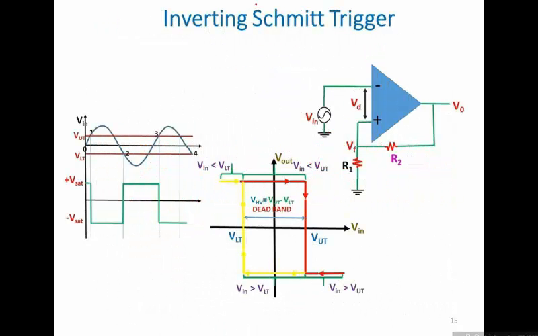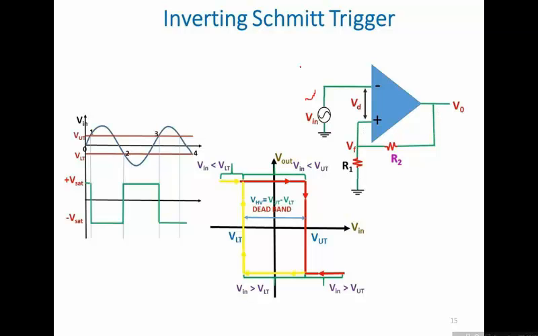So this is an inverting Schmidt trigger. Similarly, we would have a non-inverting Schmidt trigger. The inverting Schmidt trigger is the one in which input is applied at the inverting terminal and the feedback is positive.